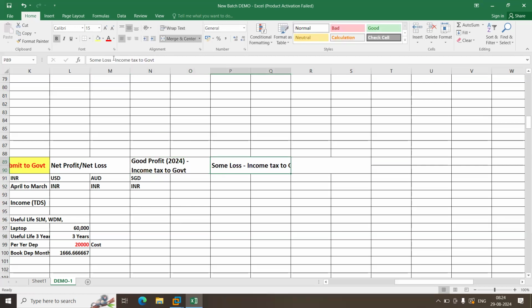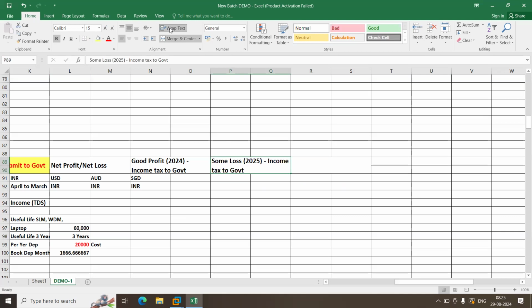Same company, suppose in year 25 you got some loss, then do we need to pay any income tax to the government? Your company is running losses, so you need not pay any tax to the government.